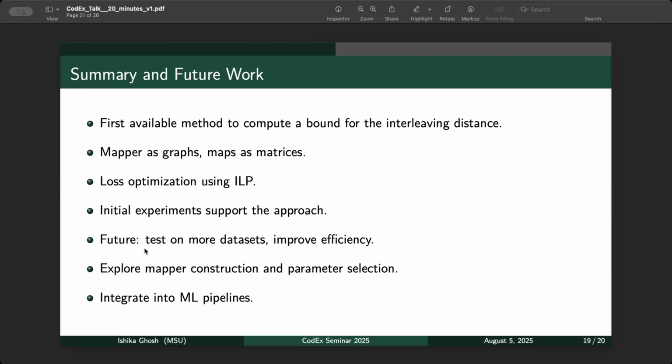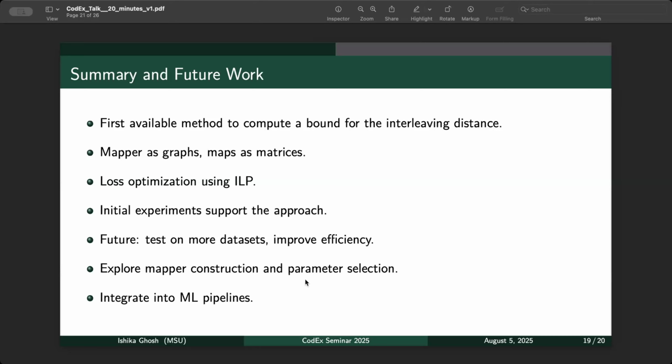For the future, I want to run this experiment on, first of all, a larger dataset to see if this holds up, and improve the efficiency of the computation. And also, as we have seen in classification, there are some cases where the loss does not differentiate different classes very well. This is mainly due to how the mapper is constructed, because some of the images have different orientations, and the way I'm constructing mapper is highly dependent on the parameters I'm choosing.